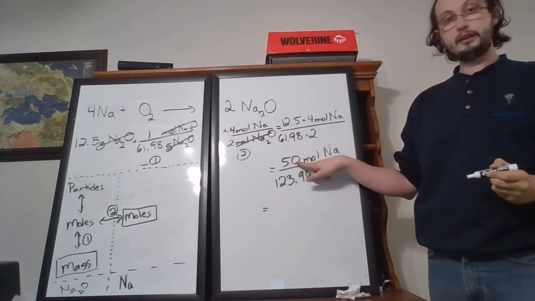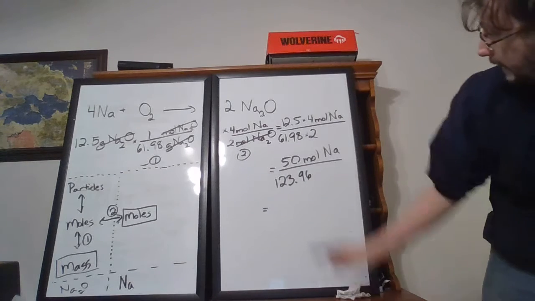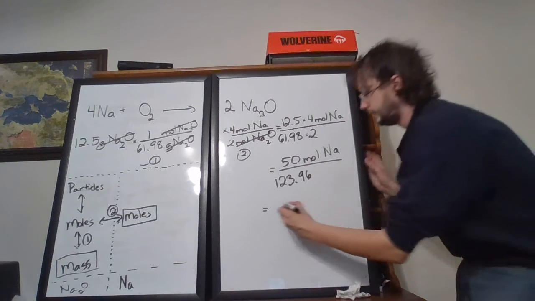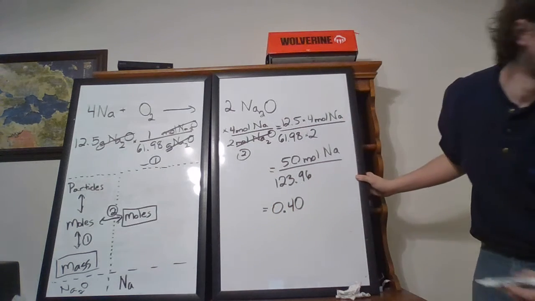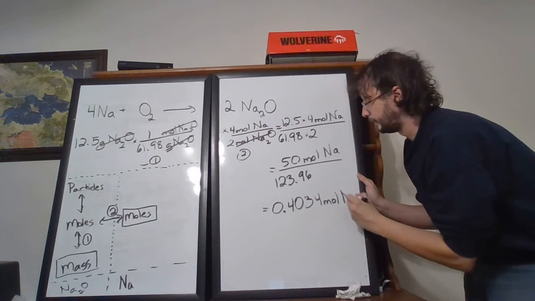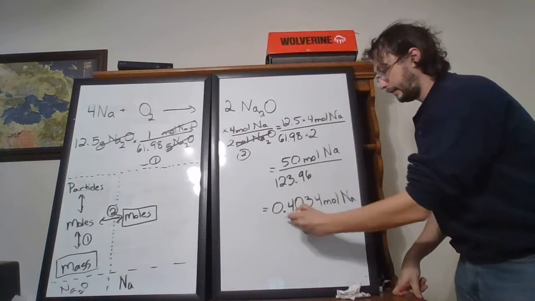Now we can take the numerator and divide it by the denominator, so 50 divided by 123.96 is 0.4034 moles of sodium.